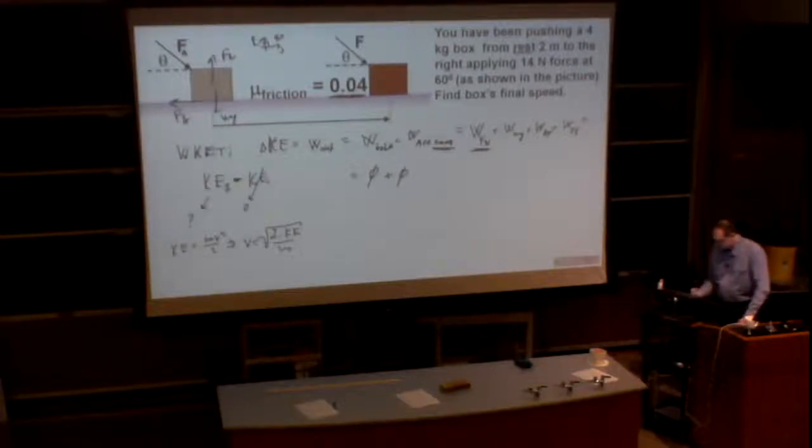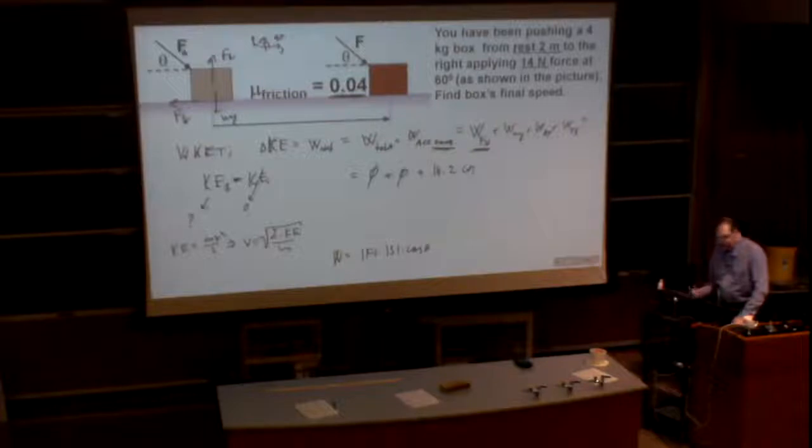So moving on. The applied force. The applied force is constant force. We have to apply a definition of the work done by the constant force, which has 3 terms in it. Magnitude, 14. Displacement, well, magnitude of the displacement, 2 meters.